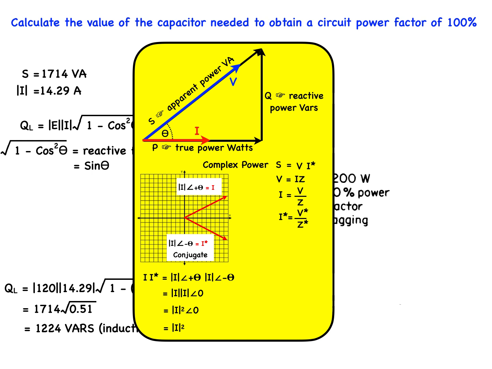I conjugate is equal to V conjugate divided by Z conjugate. We can now rewrite the formula for complex power, substituting for the conjugate. S is equal to V times V conjugate divided by Z conjugate, or S is equal to V squared divided by Z conjugate.